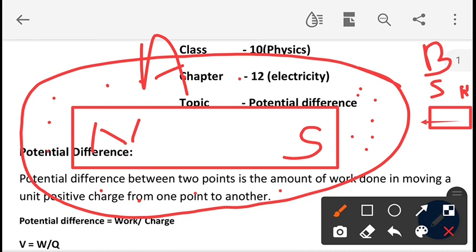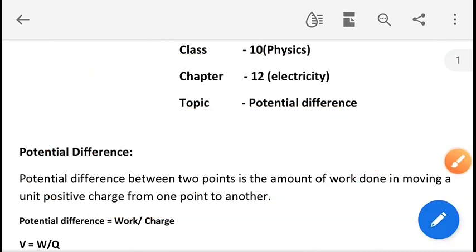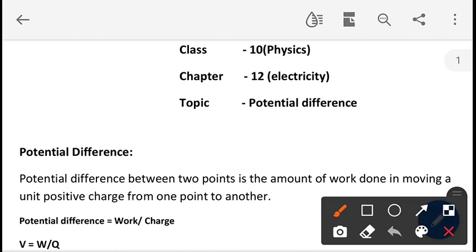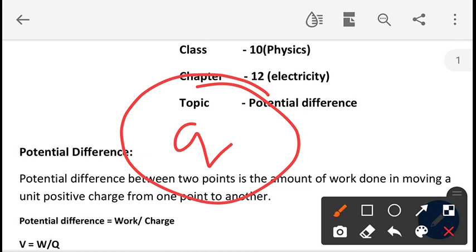In the same way, there are conditions with charges also. I have taken here a charge Q, and around it a region is created. This is the region of influence.